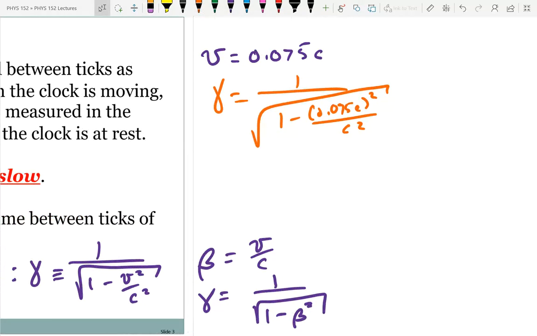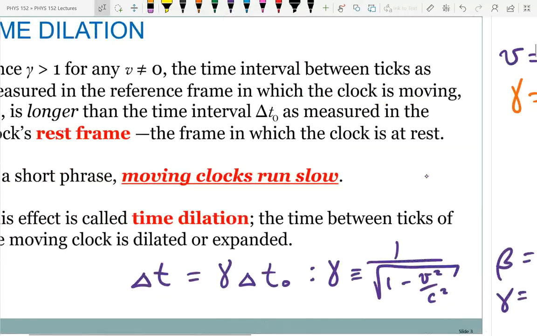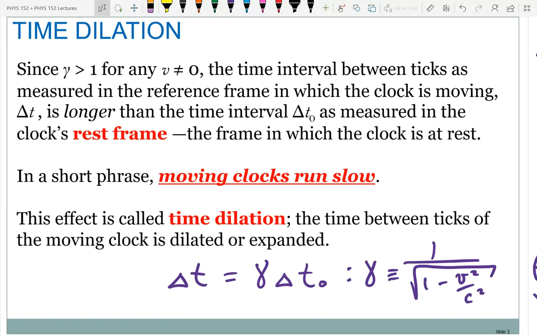You can do it like that, and then you see, oh, look, these c squareds cancel. Or you could just say it's equal to 1 over the square root of 1 minus 0.075 squared. I just put beta squared there. It's easier. So that's where we ended last class period.